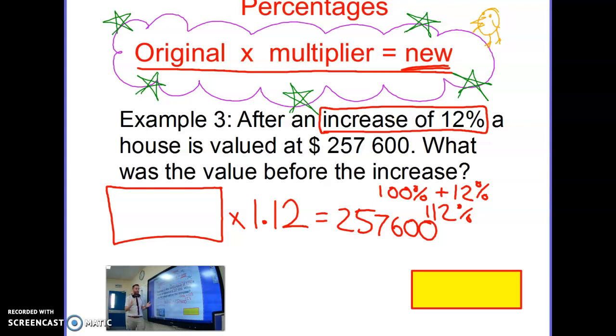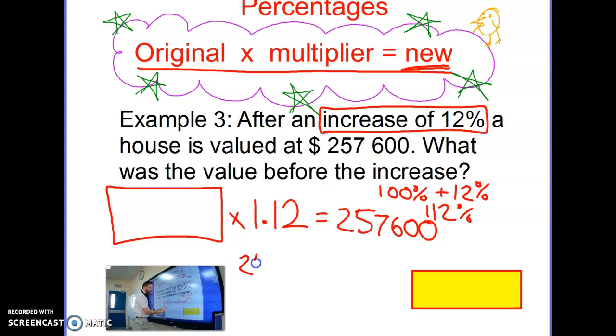Well, hopefully maybe take a pause here, see if you can work out what calculation you're going to type in. And if you have paused it, or if you've just had a think about it, you should be able to notice that something times 1.12 equals 257,600. Well, to work backwards from that, the opposite of times by 1.12 is to divide by 1.12.